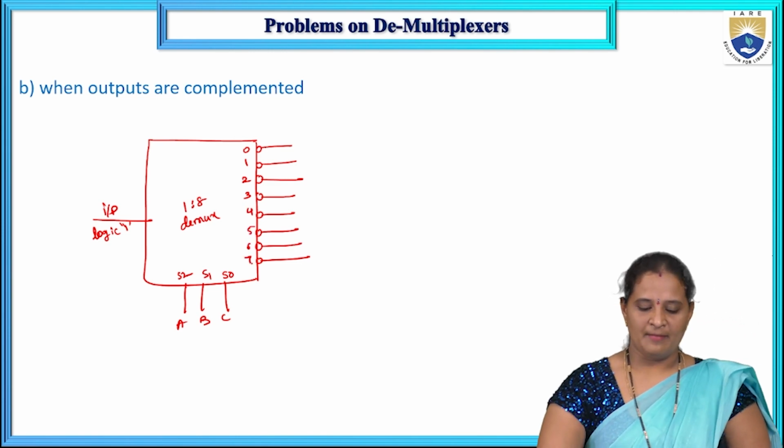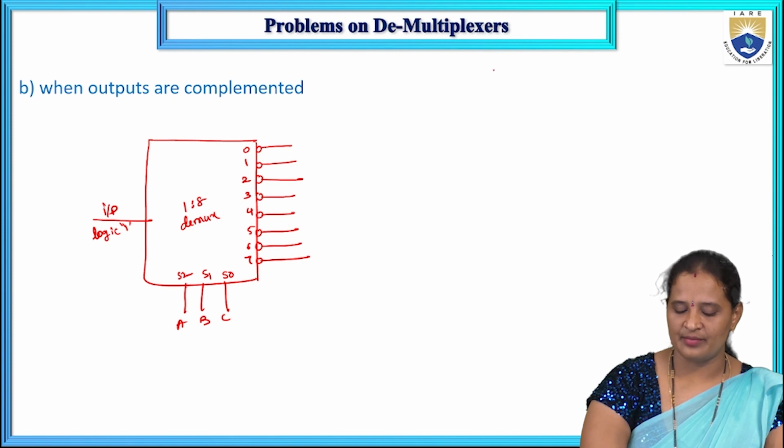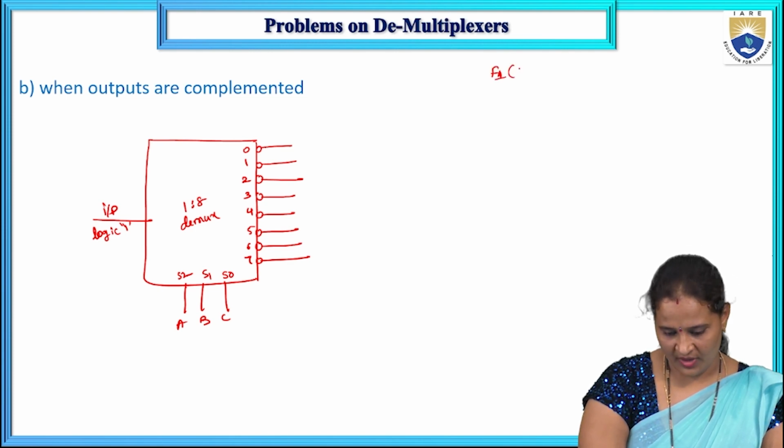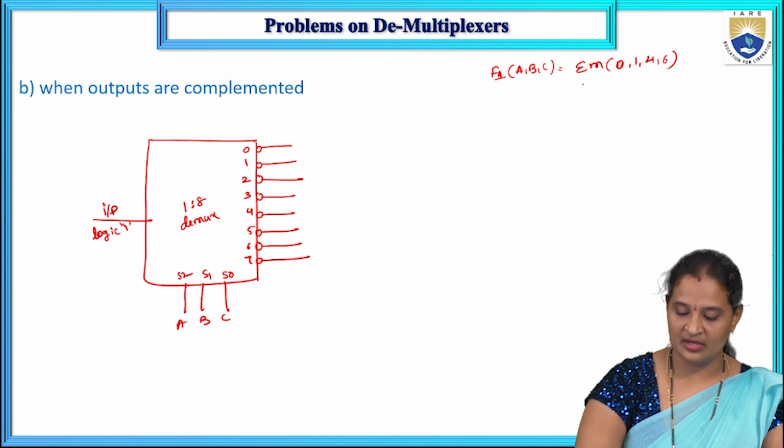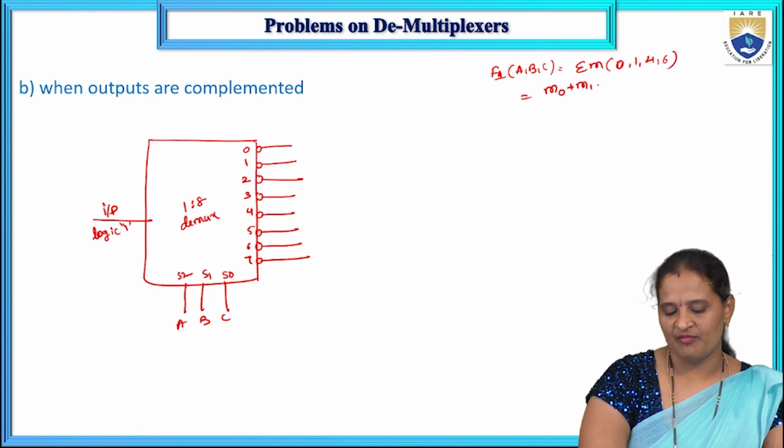So let us consider the function f of a, b, c, which equals summation m of 0, 1, 4, 6. What does it indicate? M0 plus M1 plus M4 plus M6.